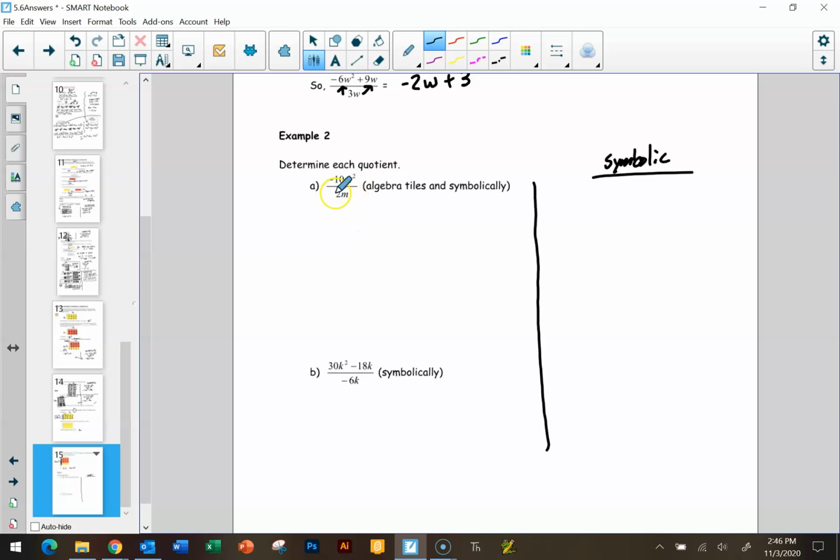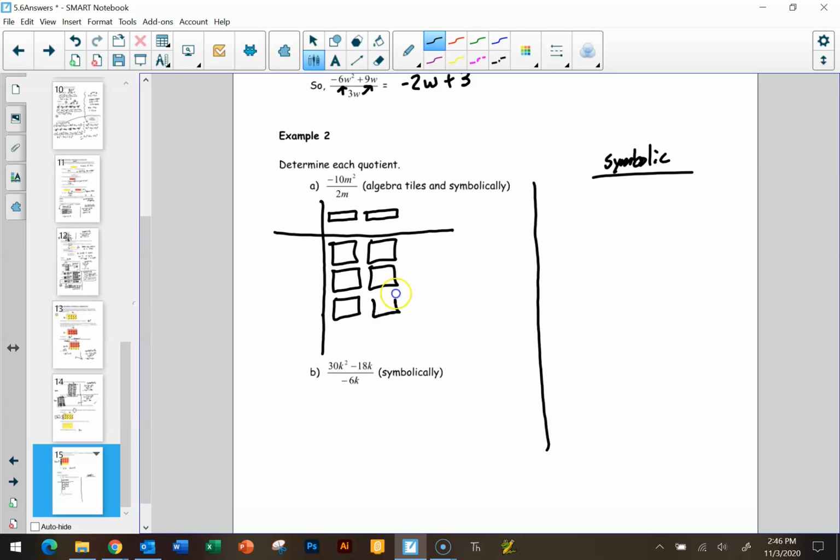Okay, we're dividing by 2 m's, so that's a monomial. So we'll draw our monomials on the top, and then we know we're going to do this little chart thingy. And then inside, we have to represent negative 10 m squareds. Well, if they're m squareds, they have to be the big squares.